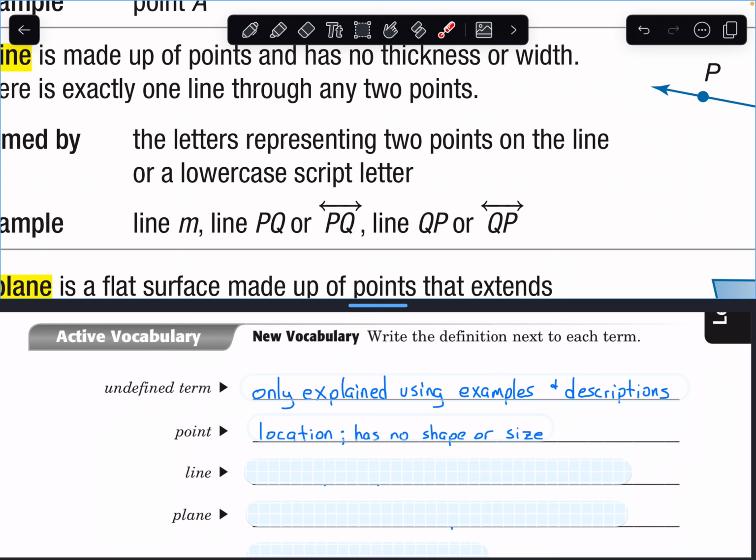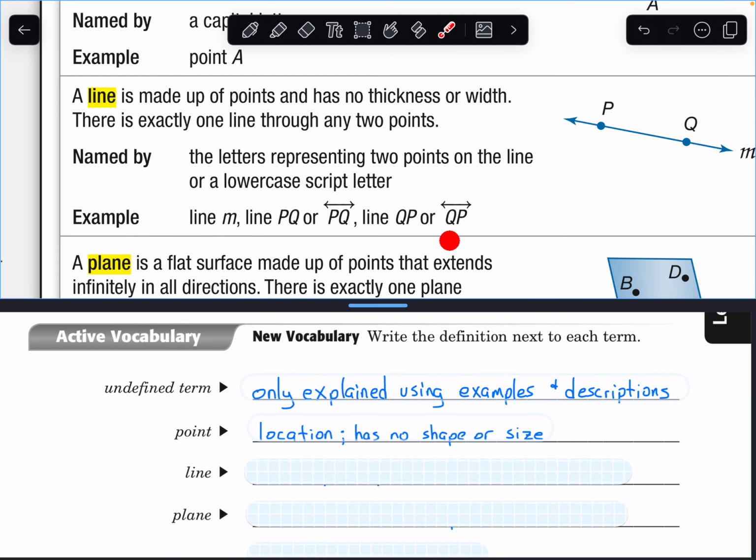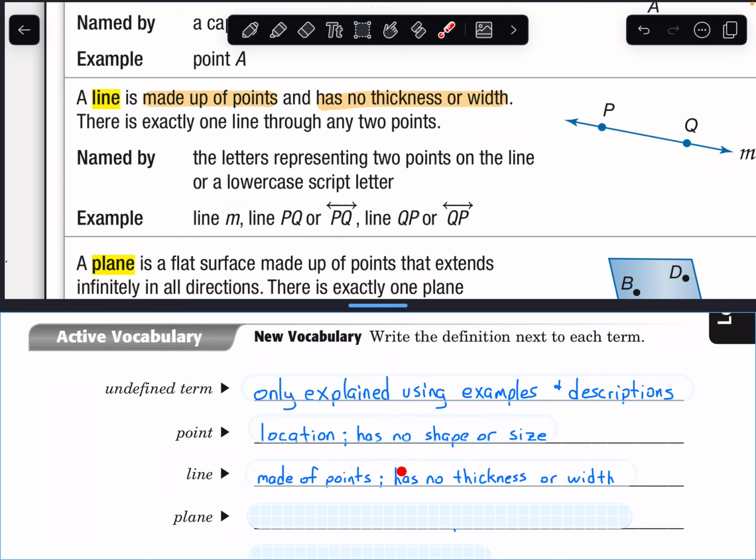Or since the order doesn't matter, we could call it line QP. So for my definition here, a line is made up of points and has no thickness or width. This second sentence here is a further explanation of a property of a line, but is not part of the definition itself.